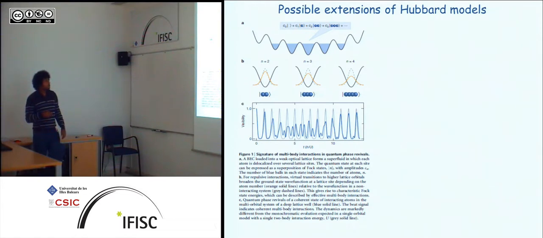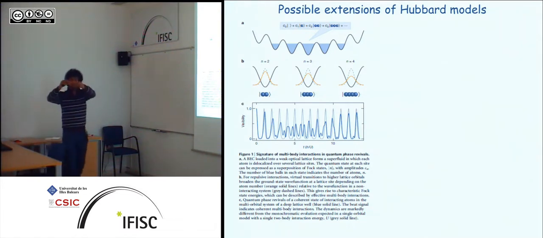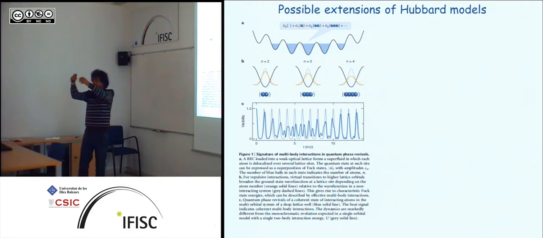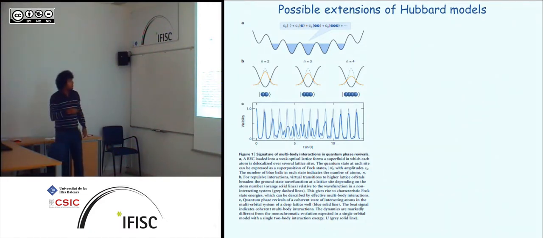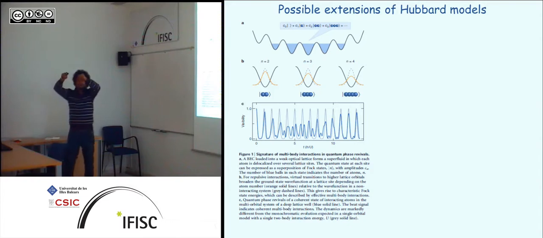When you put two particles, if they interact repulsively, they don't want to be together, they want to be far apart. That means the wave function of this particle gets a little bit broadened. And the interaction, which is effectively 1 over volume, gets lower, because if the wave function gets broadened, the volume increases, so the inverse of the volume decreases.